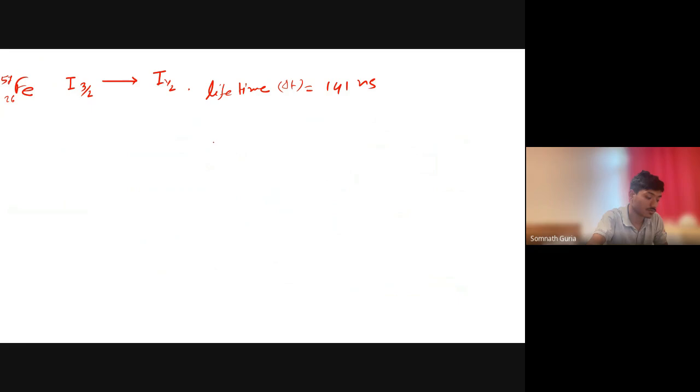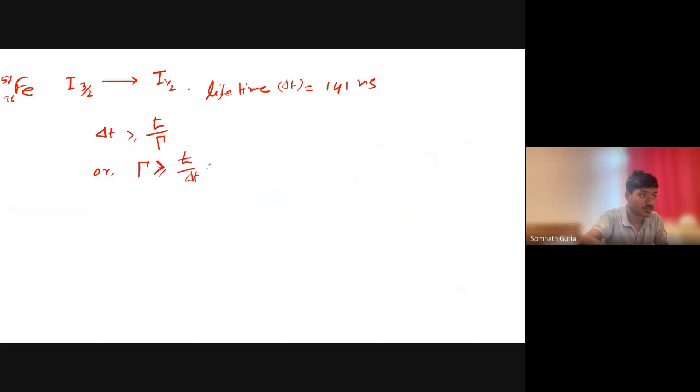As we know, delta t is greater than or equal to h cross by gamma, or gamma is greater than or equal to h cross by delta t.